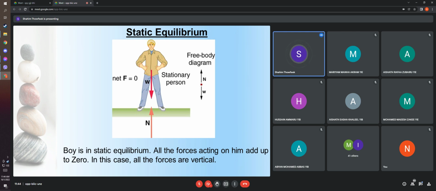Now, in this situation, if you consider it as an object, then it is in equilibrium, right? Only two forces acting. So forces in y direction should be zero. Then W, the weight, is equal to the normal contact force.